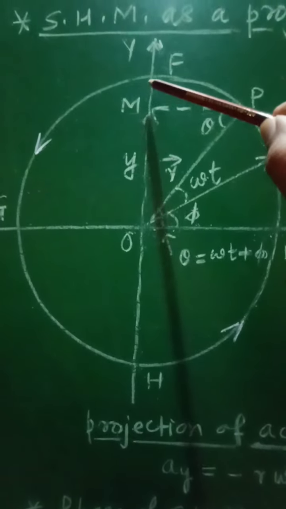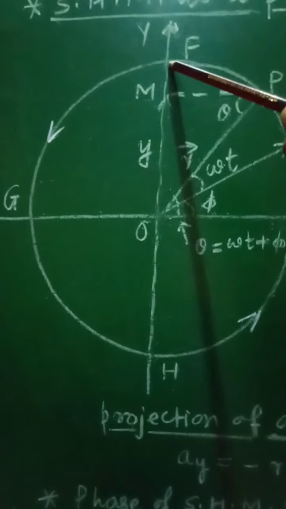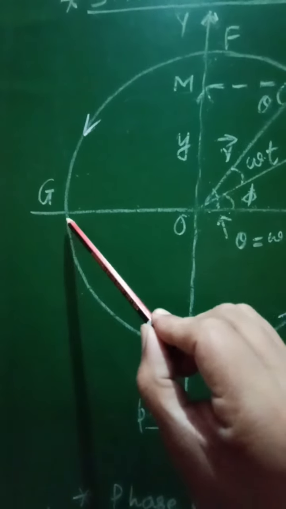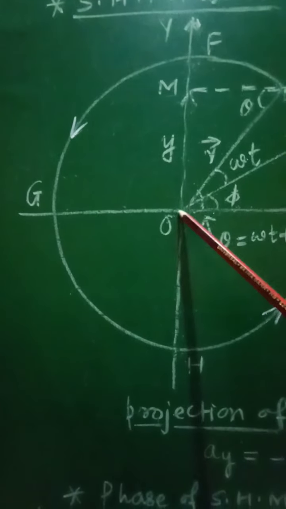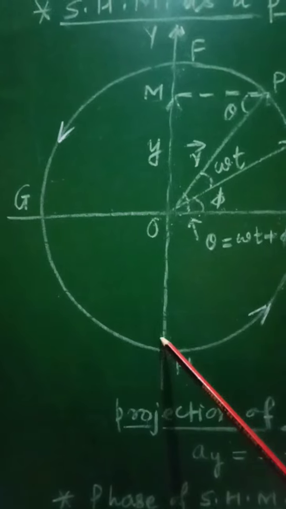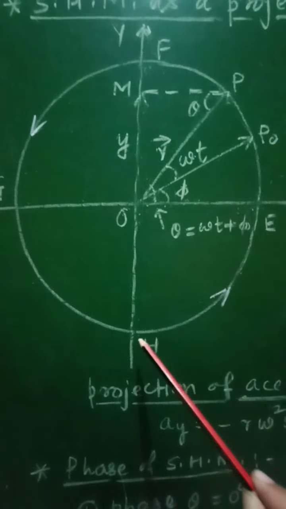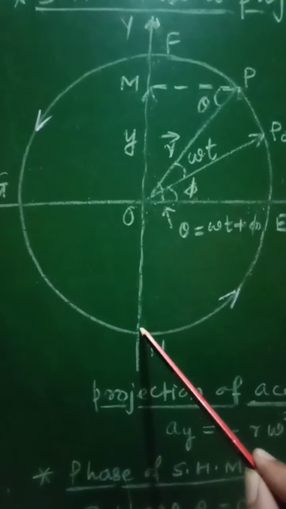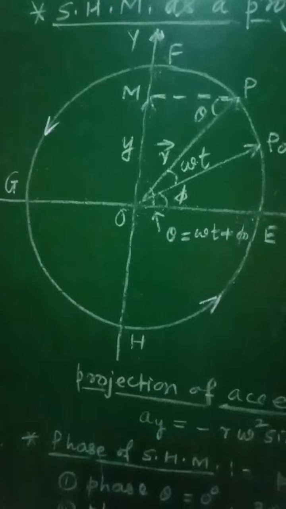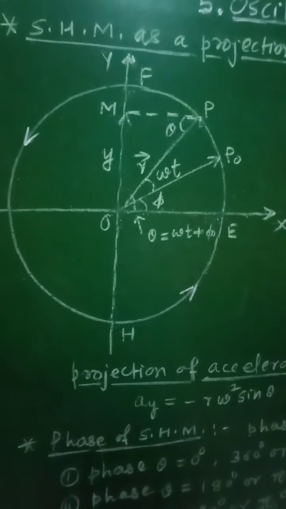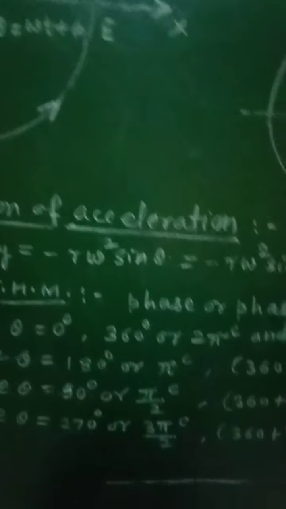When theta is equal to 90 degree, the particle will be at the positive extreme position. When theta is equal to 180 degree, it will again be at the mean position, but it will move towards the negative side. And when theta is equal to 270 degree, the particle will be at the negative extreme position. So this is regarding SHM as a projection of UCM and the phase of SHM.